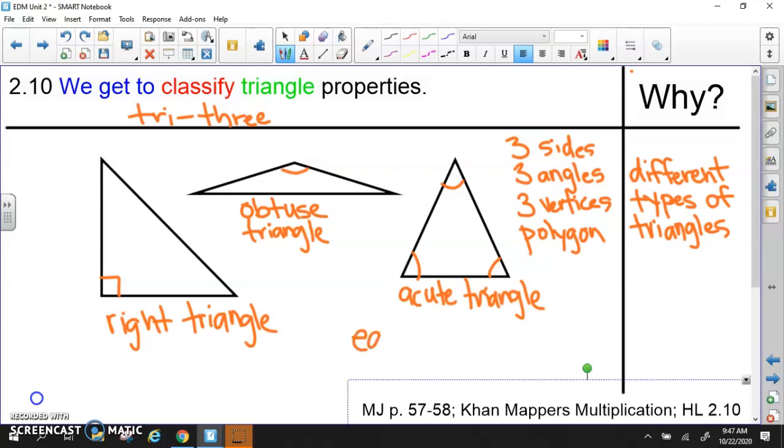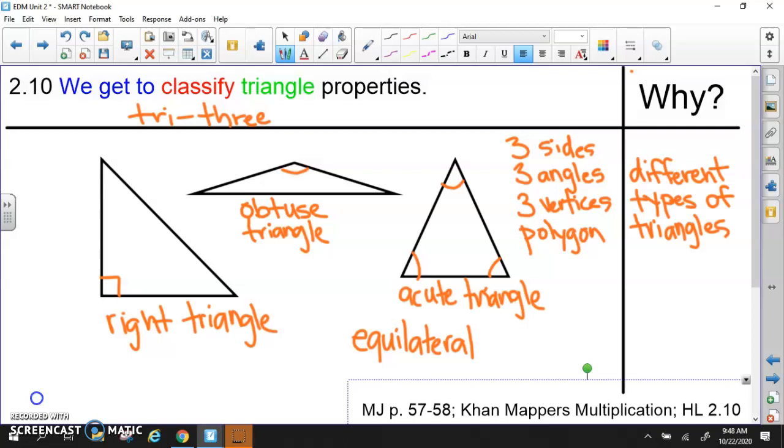If I write this word, equilateral, what does it sound like to you? It's equal, right? The word equal is in this. Okay, I know it's not spelled the same way. When I mean lateral, I mean sides. So what this means is equal sides.